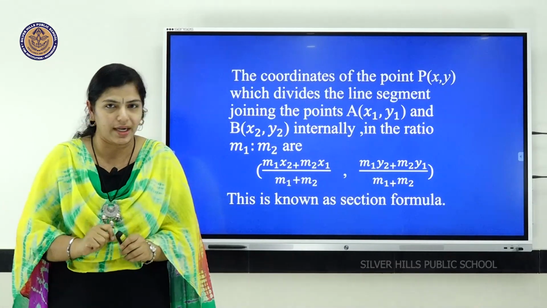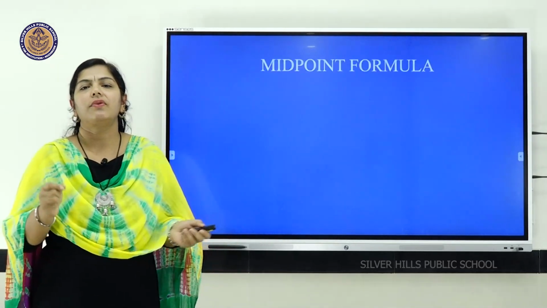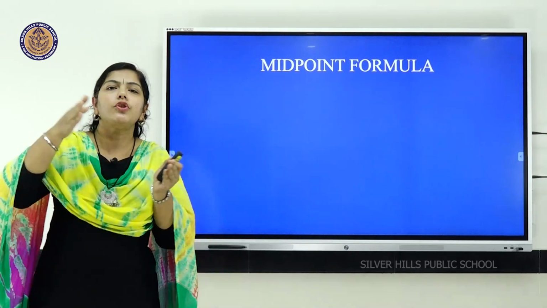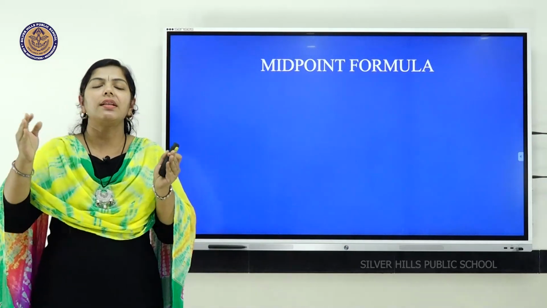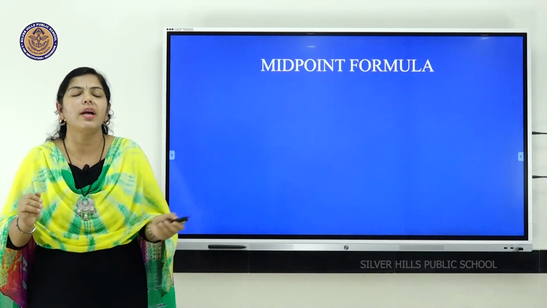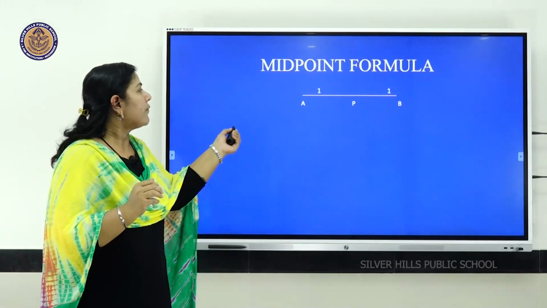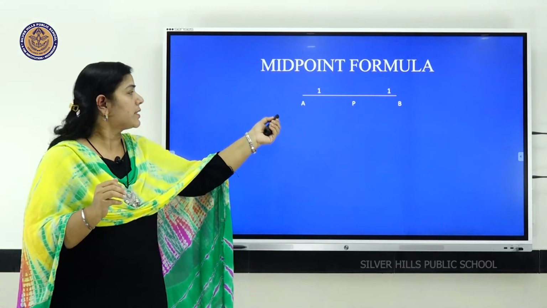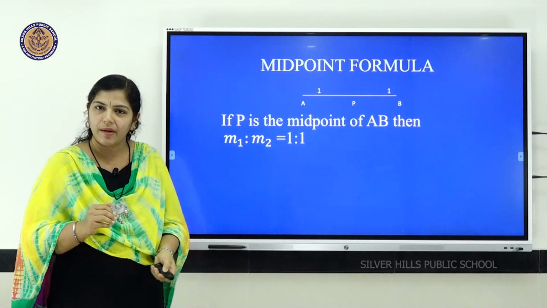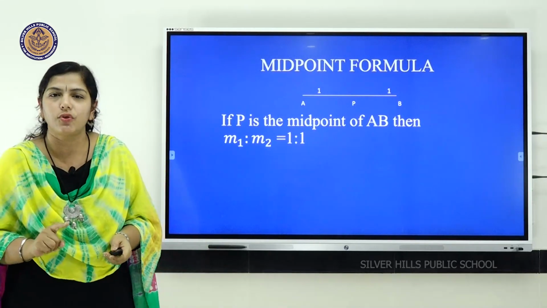that line is divided. And let us see, there is a special case of this section formula, that is if the line is divided into 2 equal parts, that is divided in the same ratio, that is m1 is to m2 is considered as 1 is to 1. That is if A is one point of the line segment, B another point, and if P is the midpoint of AB, then the ratio m1 is to m2 will be 1 is to 1.